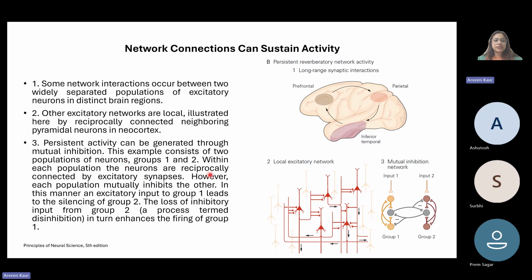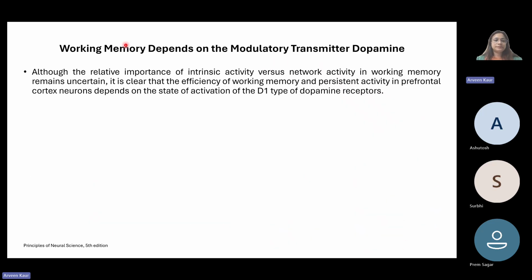Within each population, neurons are reciprocally connected by excitatory synapses, right? However, each population mutually inhibits the other. In this manner, if there is an excitatory input to group 1, it leads to the silencing of group 2 because inhibitory activity will also be increased, right? The loss of inhibitory input from group 2 will in turn enhance the firing of group 1, right? So that is what we talked about.